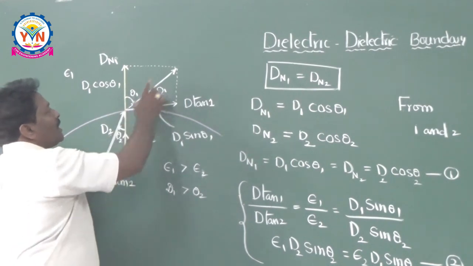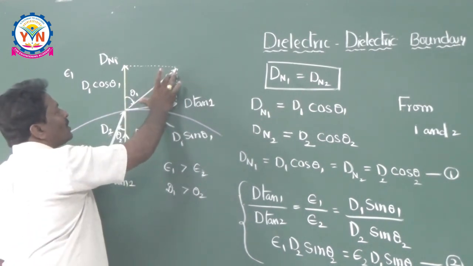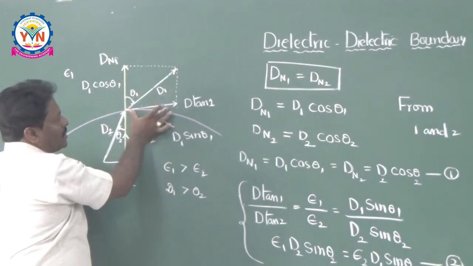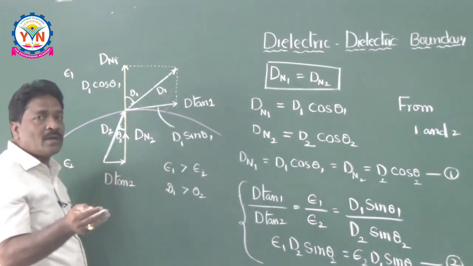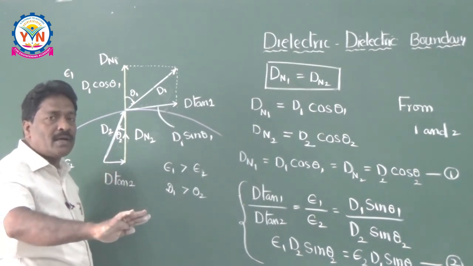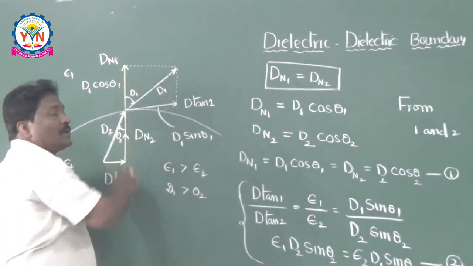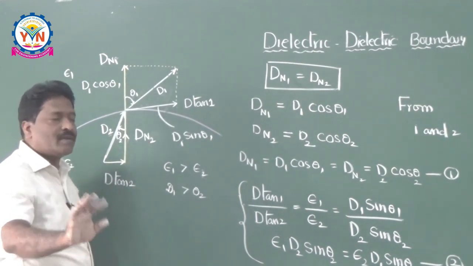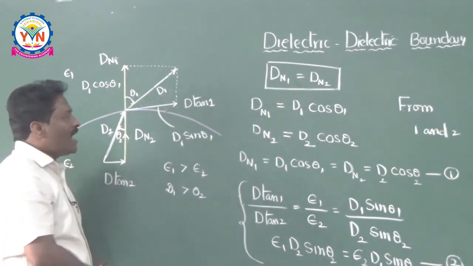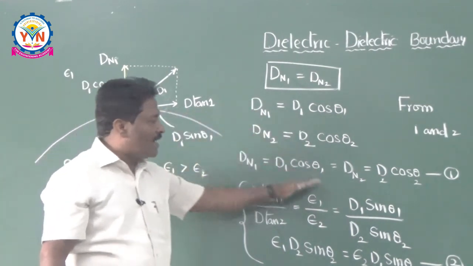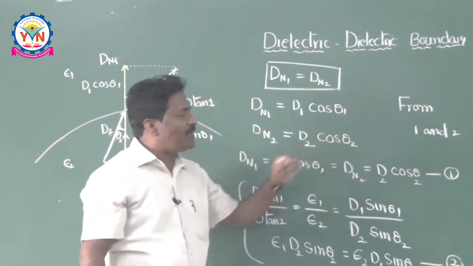So this entire vector can be split into two components, one normal and the other tangential. Write the tangential components, using the principle that tangential component of E is continuous. Write the normal components, normal component of D is continuous, whatever the problem may be. If the problem is given in terms of angles also, happily you can calculate all the parameters here.